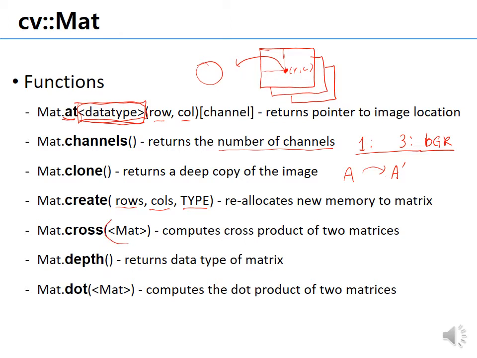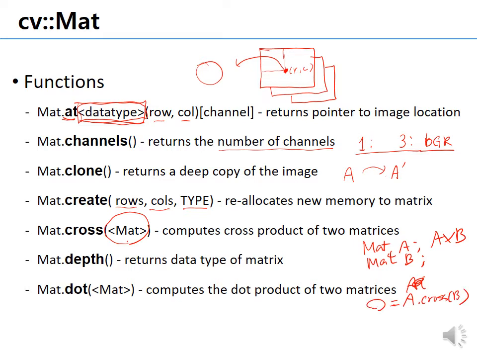So we input the matrix here. When we declare Mat A and Mat B, in order to compute the cross product of A and B, we call A.cross(B).